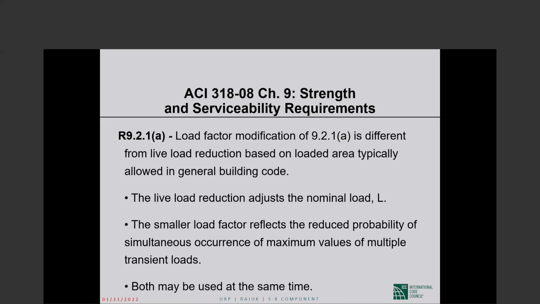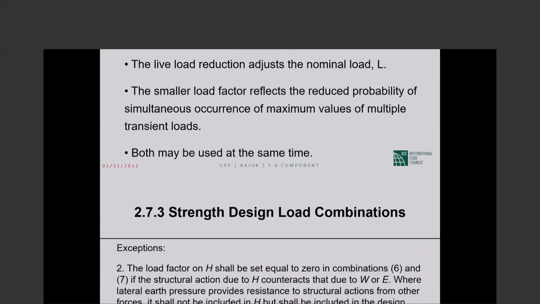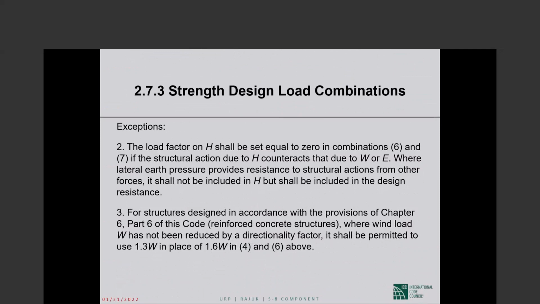So the live load reduction and the lower load factor on live load account for different things. So both may be used at the same time. Absolutely nothing wrong with that. Okay, you take a 0.5 load factor on top of reduced live load. Then that was the first exception, that the live load factor may be taken equal to 0.5 instead of 1.0 under most circumstances.